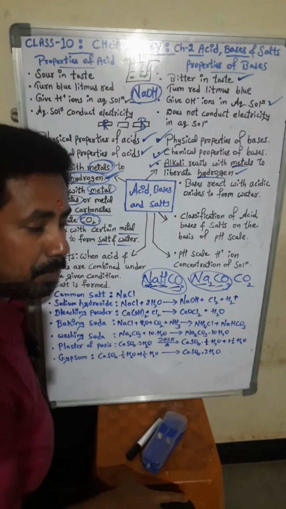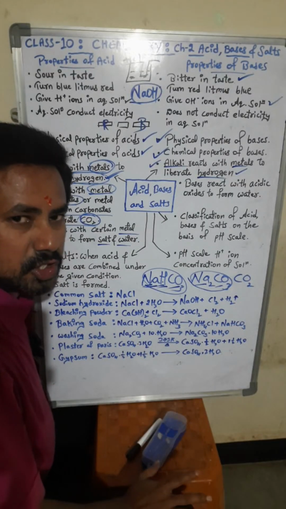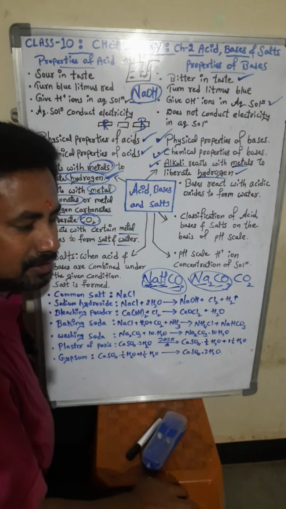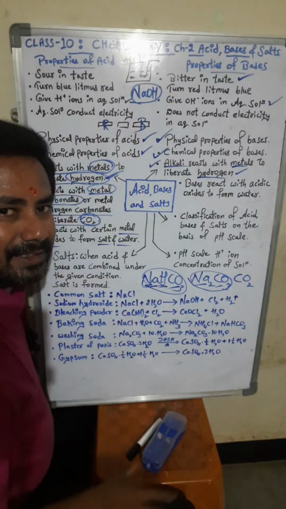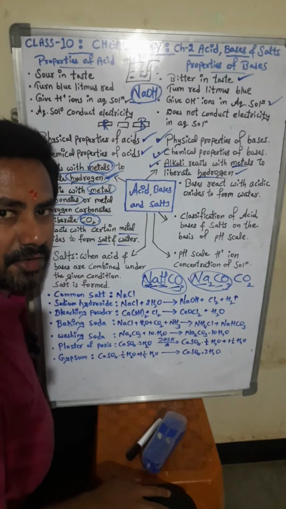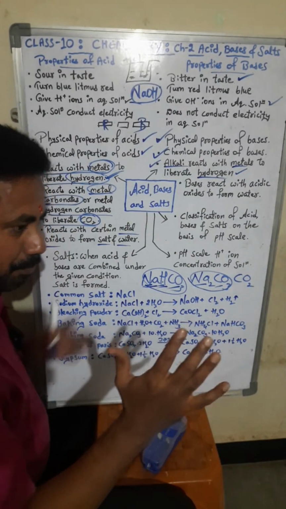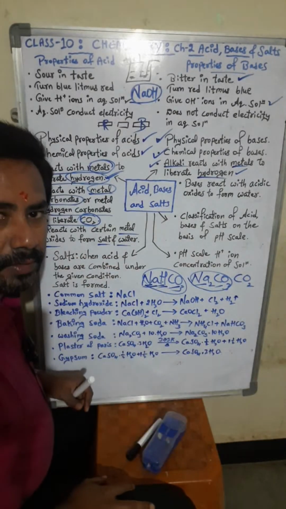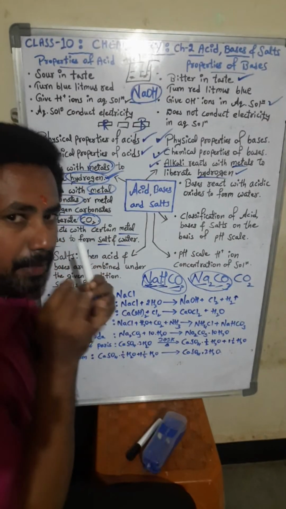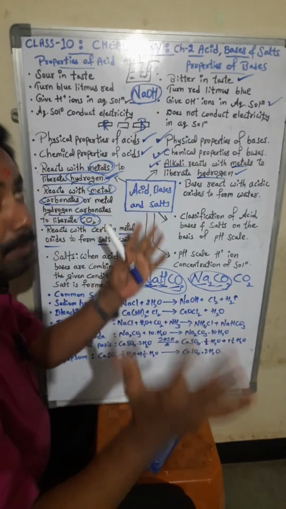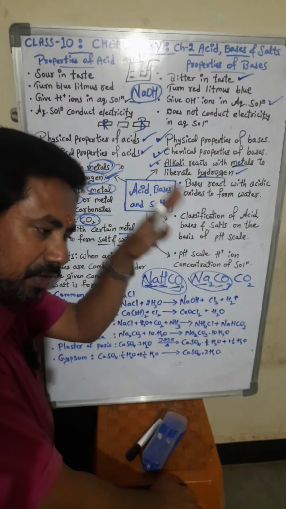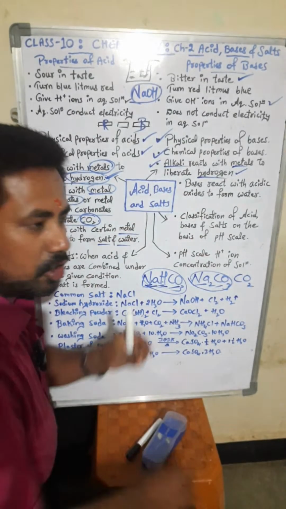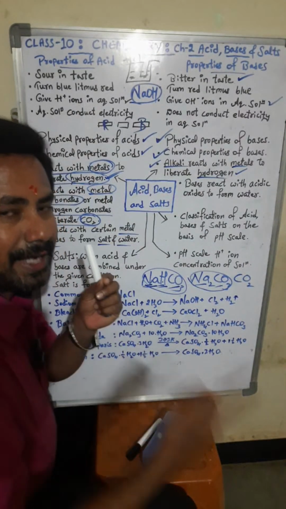Some balloons you are observing in functions or parties or roadside, some balloons go upwards. Have you observed? If you leave that balloon, it will go up. Some balloons, if we blow and leave them, will come downside, students, because we are blowing carbon dioxide.